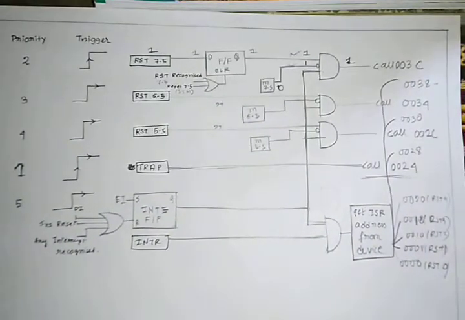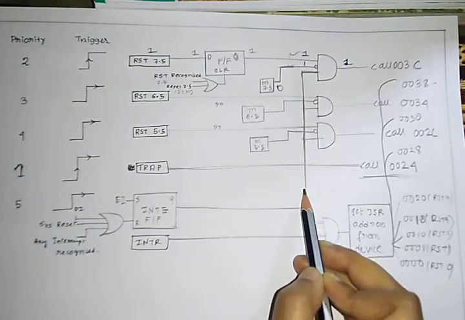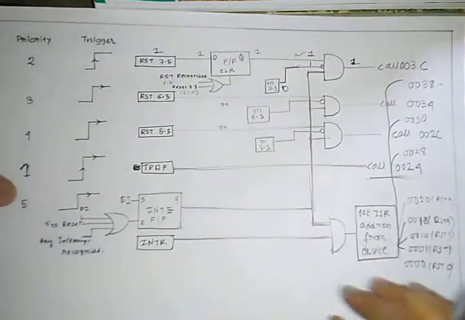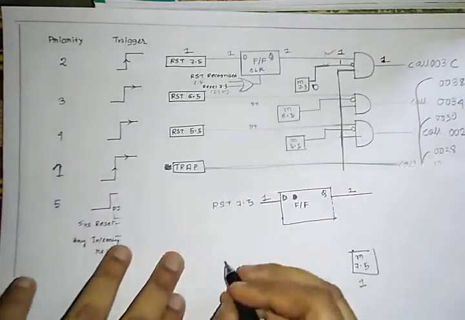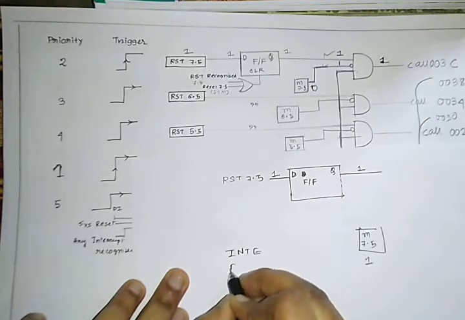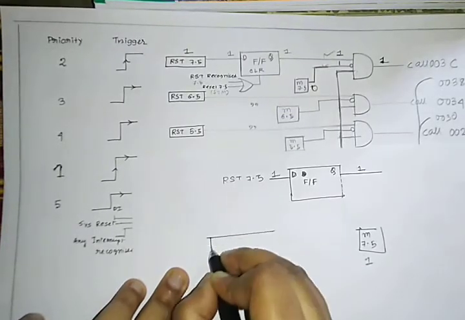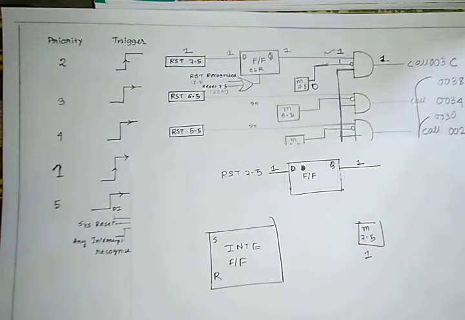Now, what is the common signal that is going into all these gates? Let us see this. This is an SR flip-flop. Let me draw this. The name is the INTE flip-flop, which is an SR flip-flop. Now what is SR? Set and reset flip-flop, right?